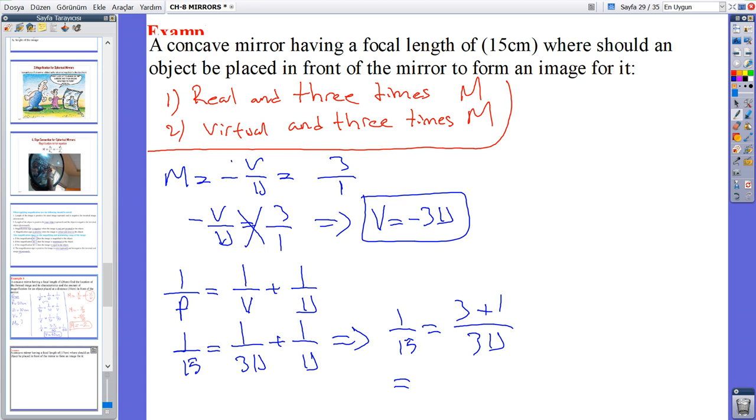1 over 15 equals 4 over 3u. We can simplify 15 over 3, 5. Cross multiplying, u equals 20 centimeters.